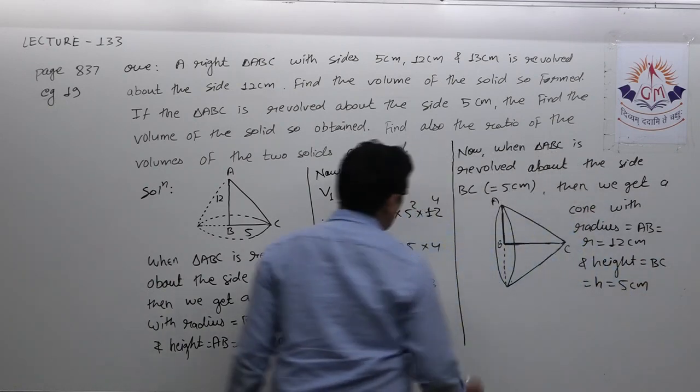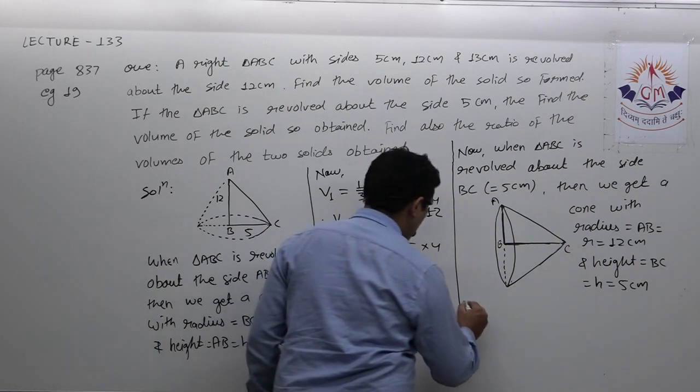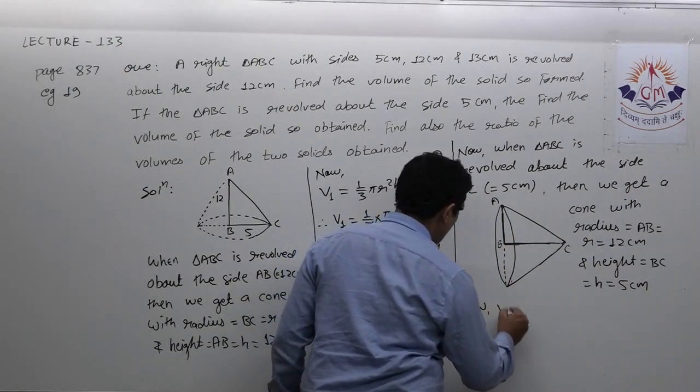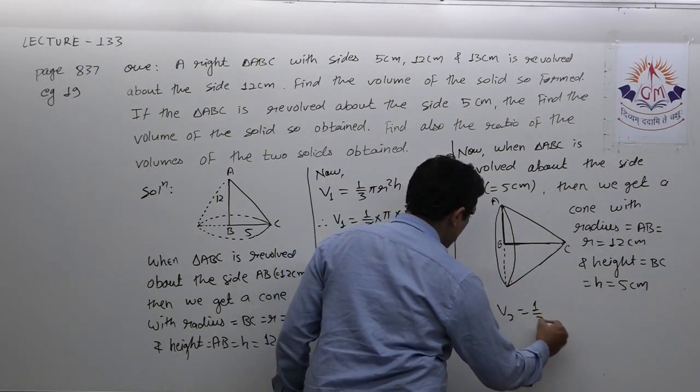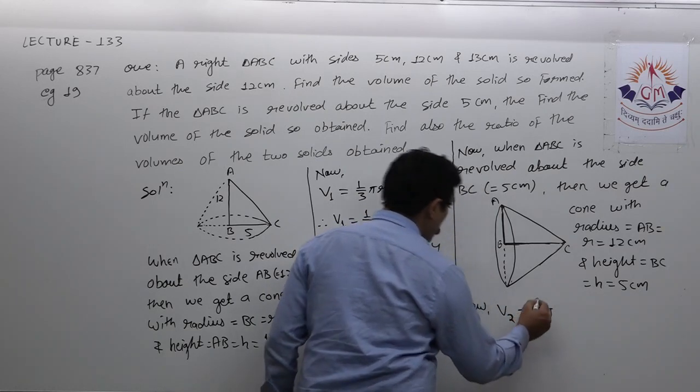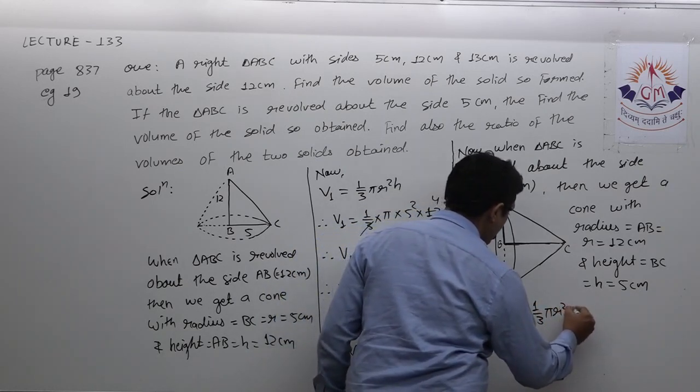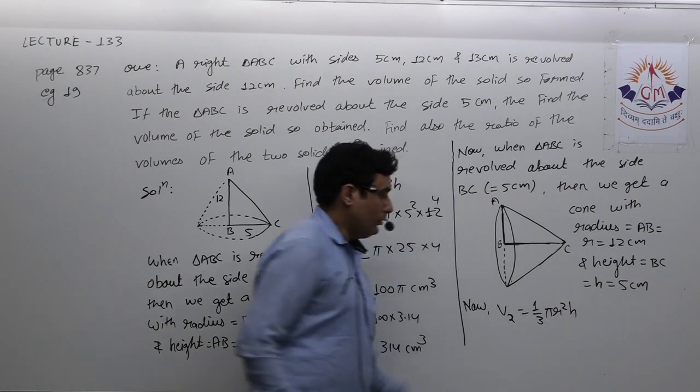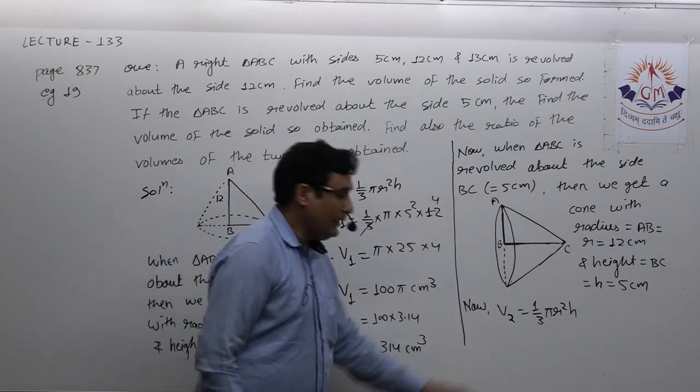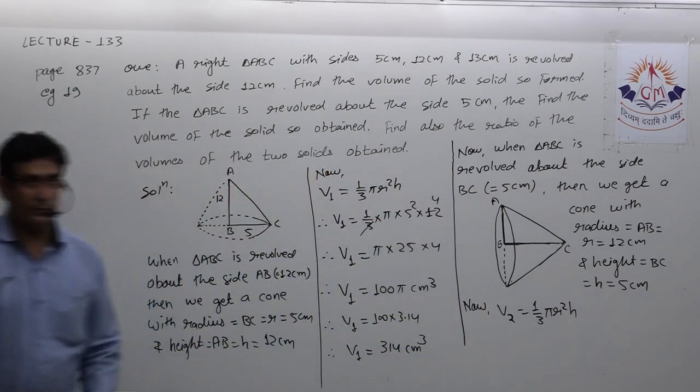So these will be the radius and height. So now we'll find V2, that is 1 by 3 pi R square H. Note it down up to this point, then we'll see how to solve it further.